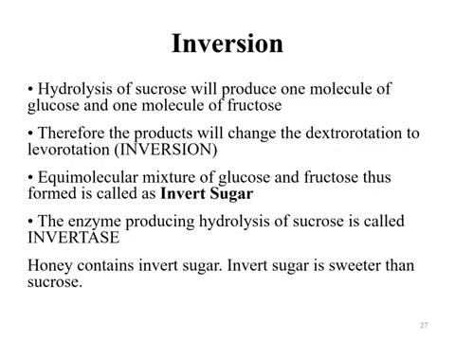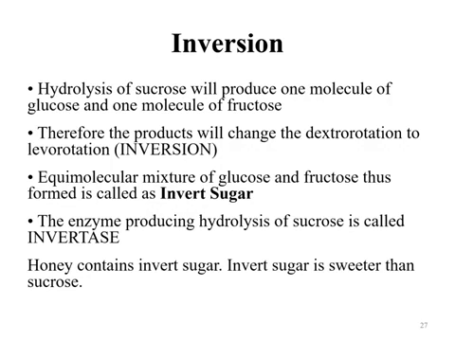As we know, glucose is a dextrorotatory substance, while fructose is a levorotatory compound. Therefore, the product will change the dextrorotation to levorotation, and the equimolecular mixture of glucose and fructose thus formed is called invert sugar. So the enzyme producing hydrolysis of sucrose is called invertase.